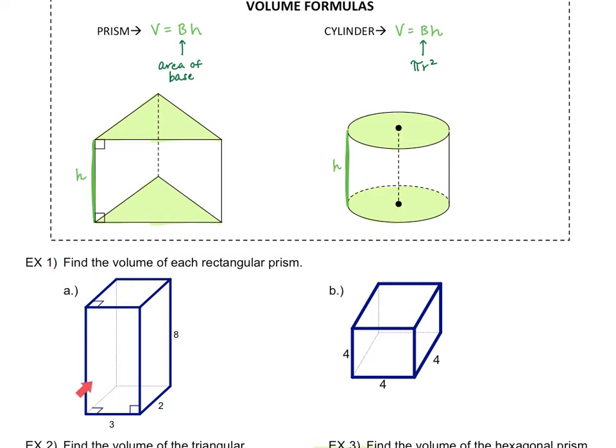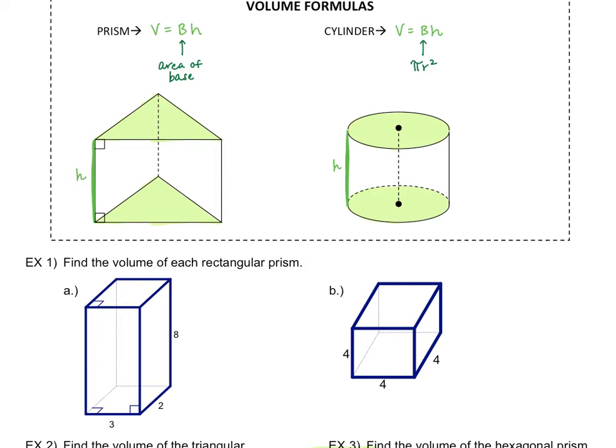So let's go ahead and look at example 1. There's 2 examples here. Let's first start off reading the directions where it says find the volume of each rectangular prism. So with the prism, again, we're using this volume formula, and we're going to find the area of each base. Again, the base could be the top too. I just always like pointing to the bottom. So we have to find the area of each rectangular one and then multiply it times whatever the height is.